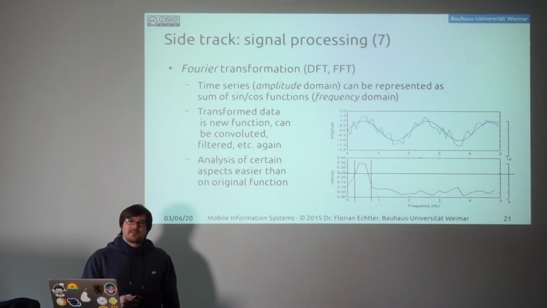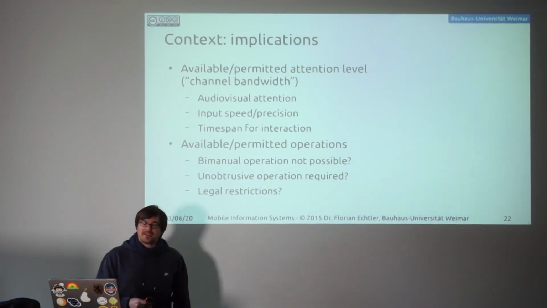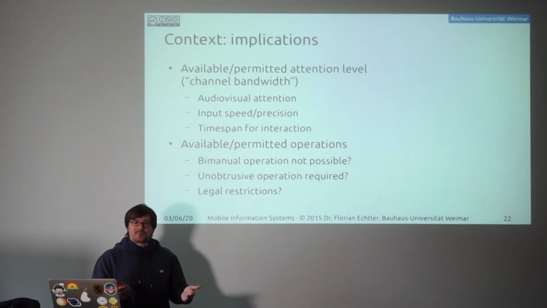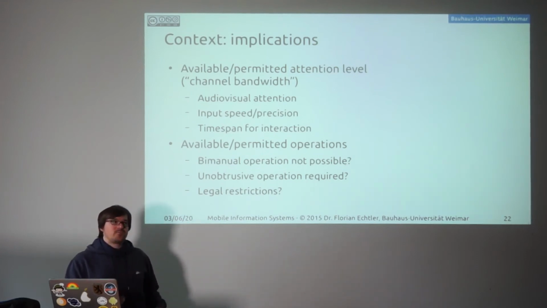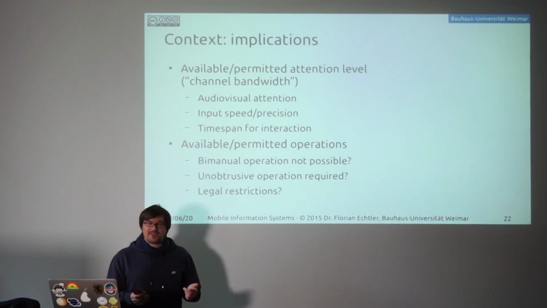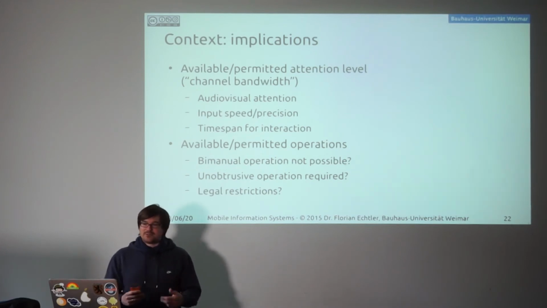All right, so much for signal processing. Now let's talk about the implications we have for our context detection. One of the implications, if we actually know the context, is that we can infer something about the attention level or the bandwidth between the device and the user that's available.